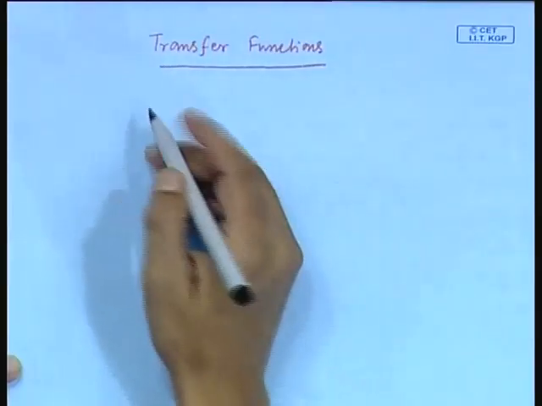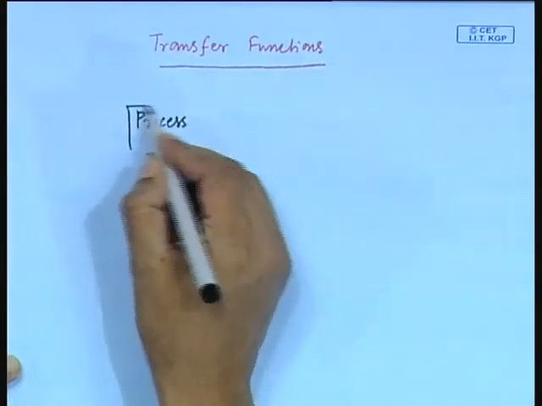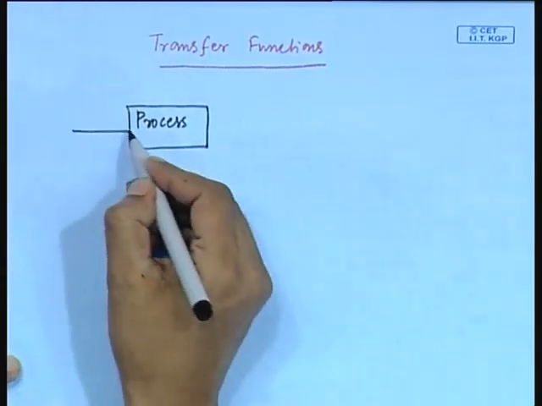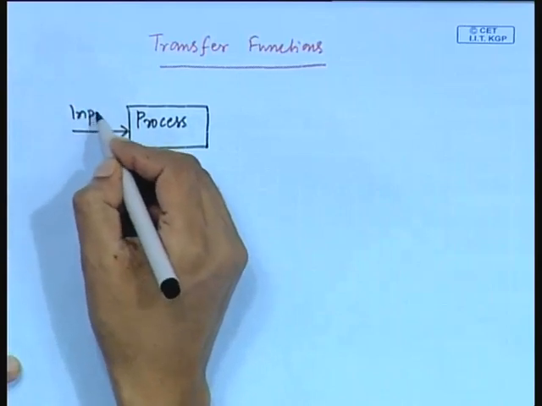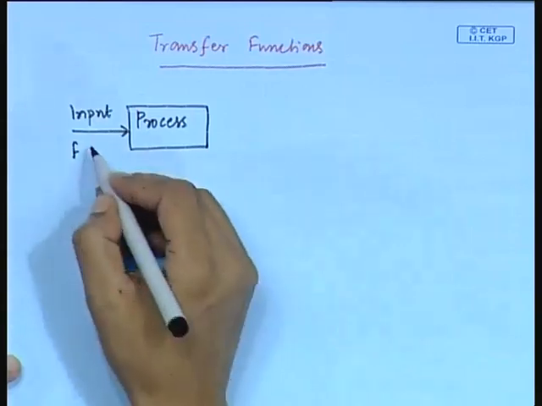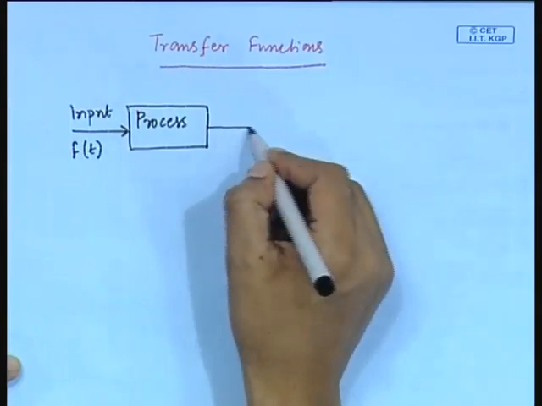So, first we will consider one process having inputs and outputs in time domain. Suppose this is the block of a process. Then this is the input to the process, which we will represent by f, and time we will use as independent variable.